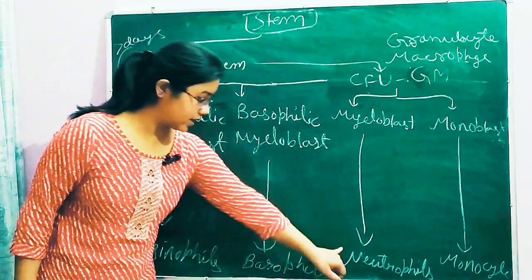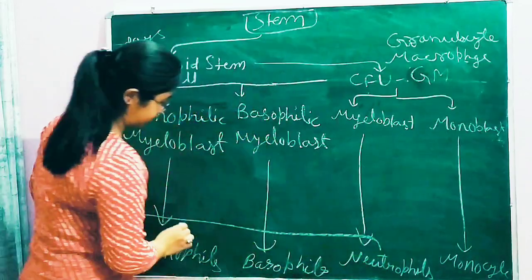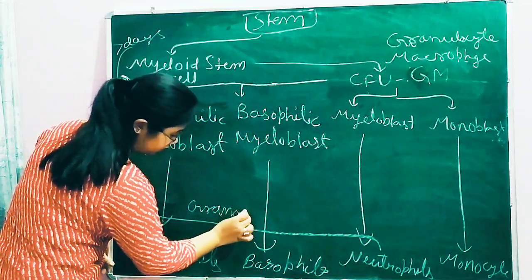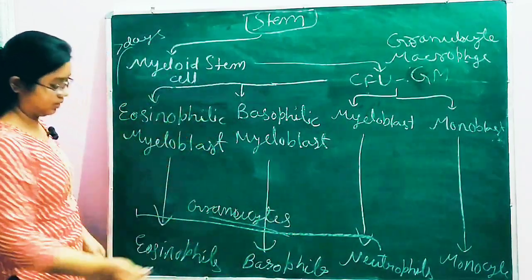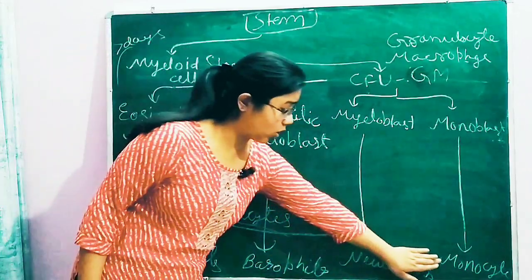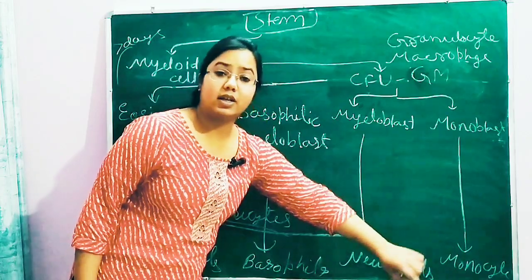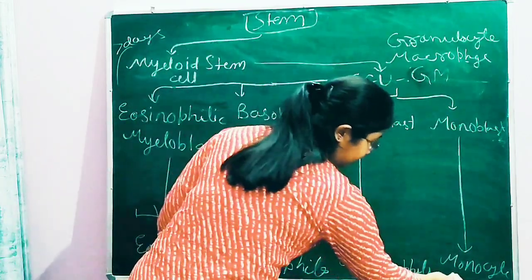So we see eosinophils, basophils, and neutrophils. These three are granulocytes, commonly known as granular cells. The monocytes are further divided; when they are outside the blood vessels, they are known as macrophages.